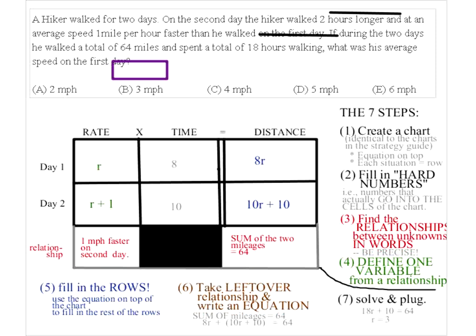The only two things that you really have to figure out in this problem, aside from these numbers right here, are this and this. And so if you make yourself do that, then you can absolutely pinpoint where the trouble is that you're having with these problems. Like if you can't fill in this relationship box, then that's the problem. But that's exactly the part of the problem that you don't understand, which is very cool.